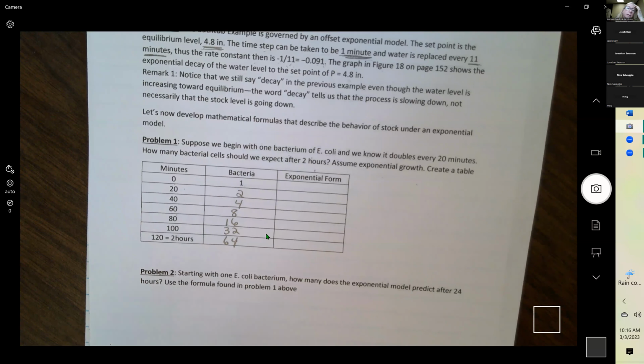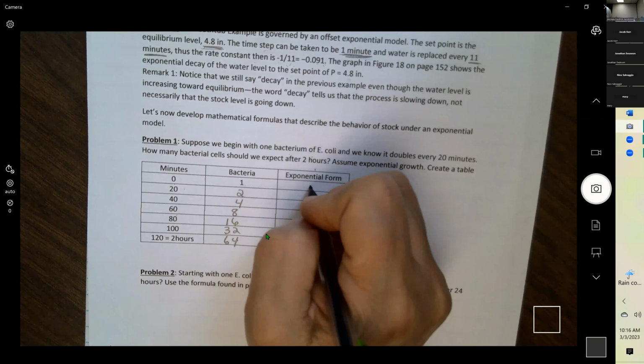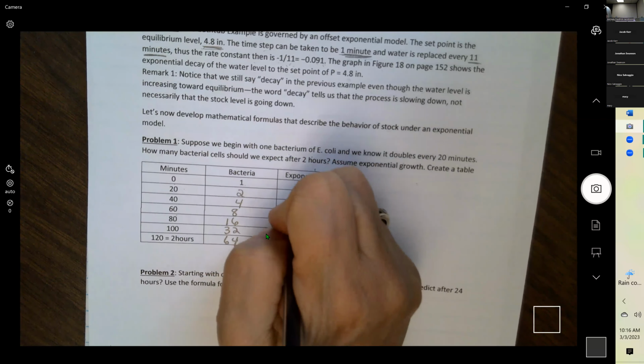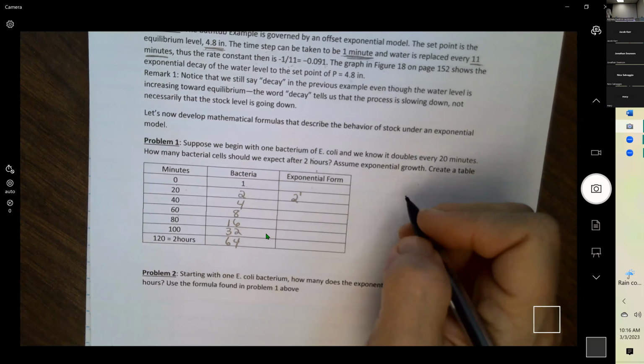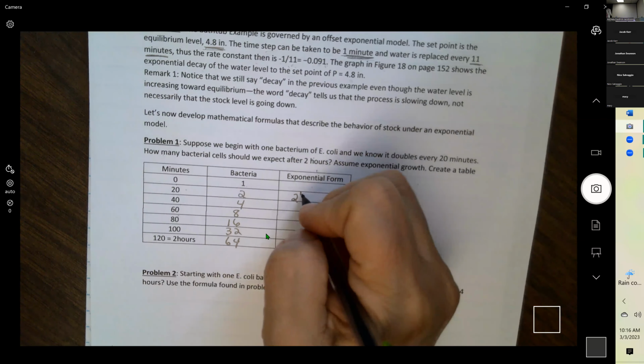What page is this on in the book? Okay, not looking at this first one. If we look at this, this is 2 to the first. That was 1 set.